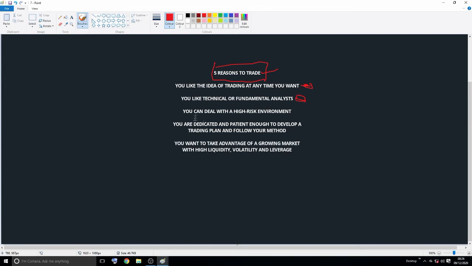You can deal with a high risk environment. We all know that Forex is a high risk environment. A lot of people are losing money, and if you are fine with that and you don't feel pressurized or bad after a loss, then you are good with a high risk environment and you can just go ahead and start trading.